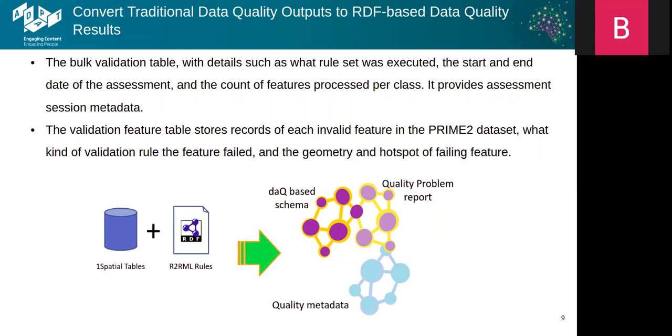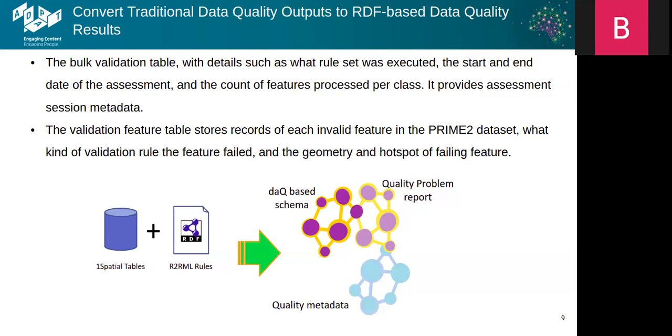In this approach, we had a bulk validation table with details such as what rule set was executed, the start and end date of the assessment, and the count of features processed per class, and it provides assessment session metadata. On the other hand, we had a validation table storing the records of each invalid feature in Prime2 datasets, what kind of validation rule the feature failed, and the geometry and hotspot of a failing feature.